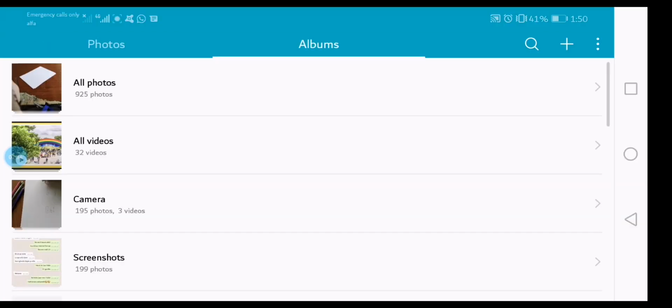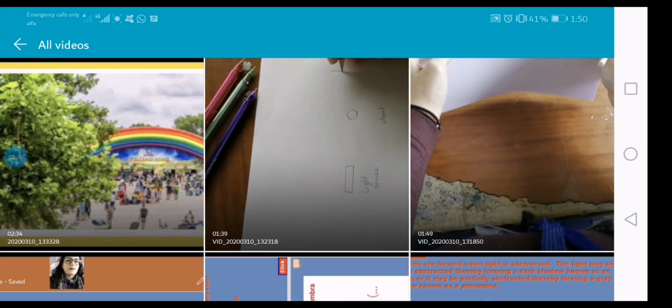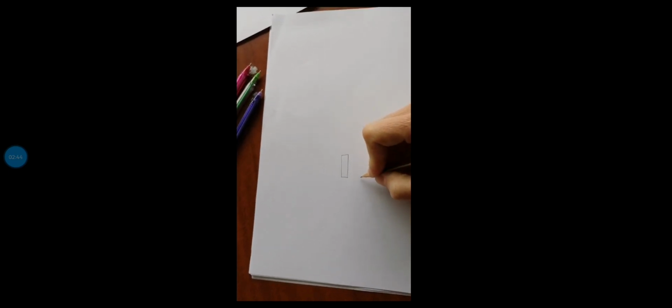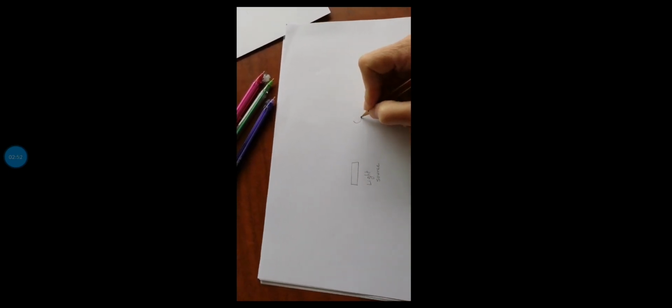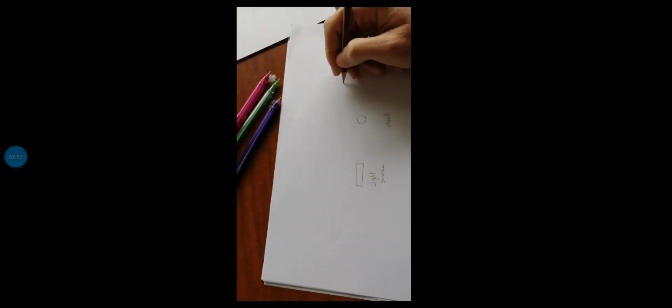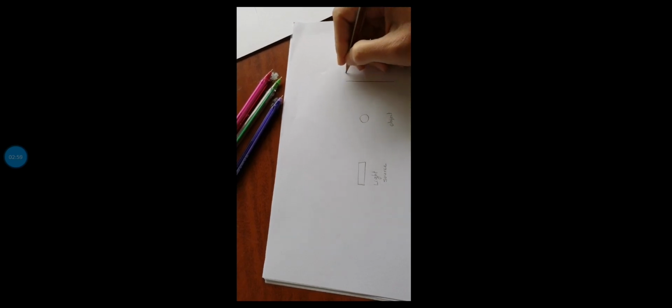Now, how to draw shadows? This is the light source. It can be a lamp, it can be the sun, it can be anything. This light source is going to give us some rays, but I have a problem.